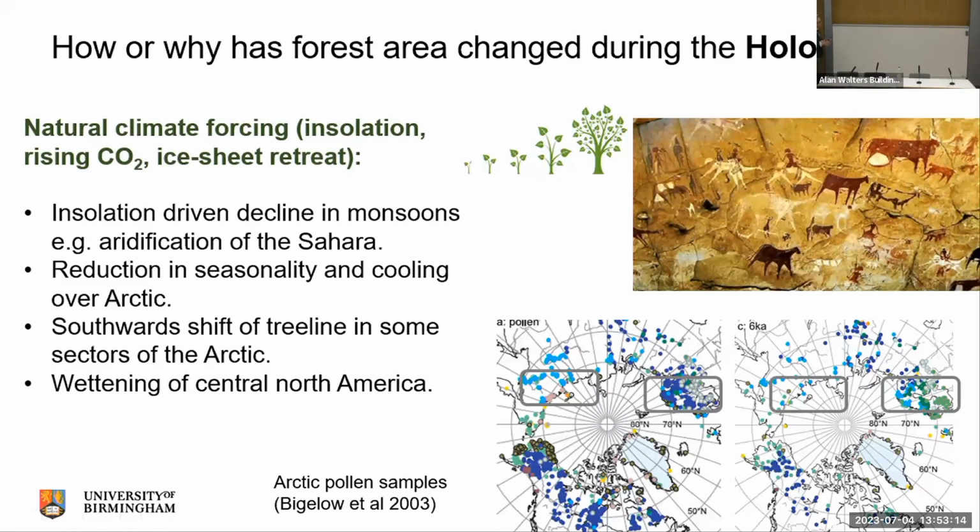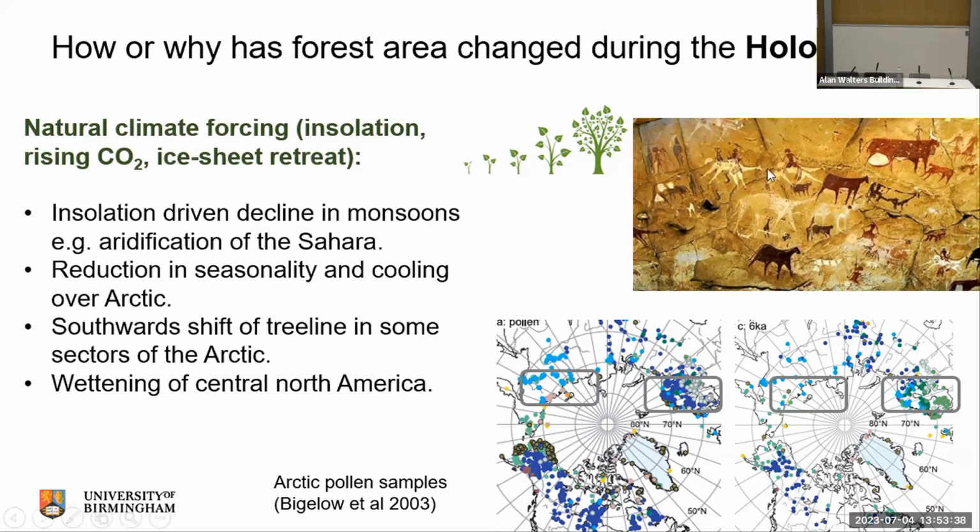One of the primary forcings of the climate is the change in insolation, and that's led to a decline in monsoons, so the desertification of the Sahara. You can see here a cave painting from Tunisia, an area that's currently just barren desert, and about 8,000 years ago had all of these animals and people living there, and the first evidence of dairying is about 5,000 years ago in this area.